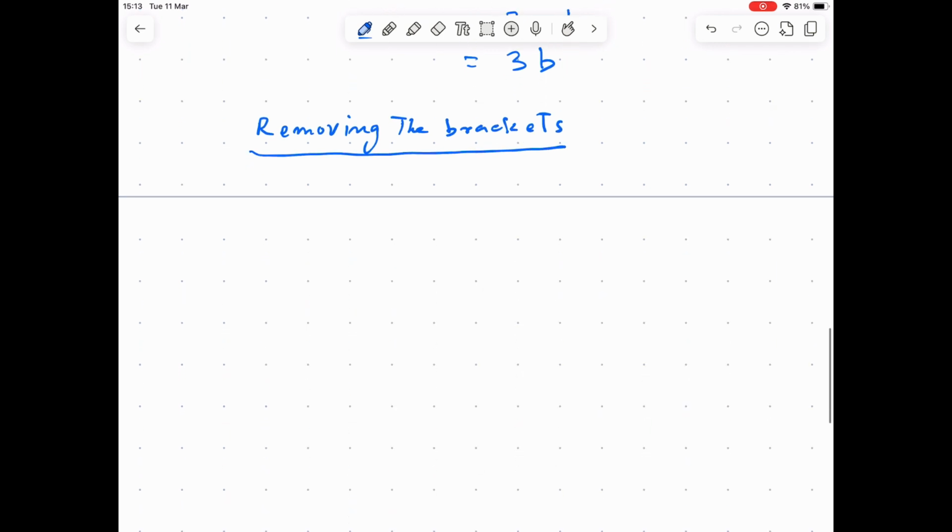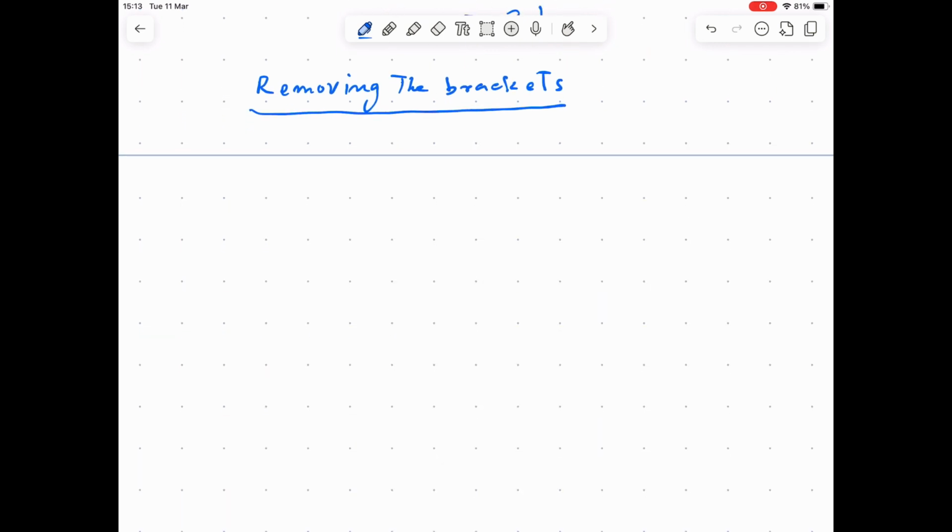So first question we can do on this one is 3 bracket start a plus 4b bracket close. So we just multiply whatever is outside with each term inside. So 3 times a is 3a plus 3 times 4b is 12b. So now we have removed the bracket.